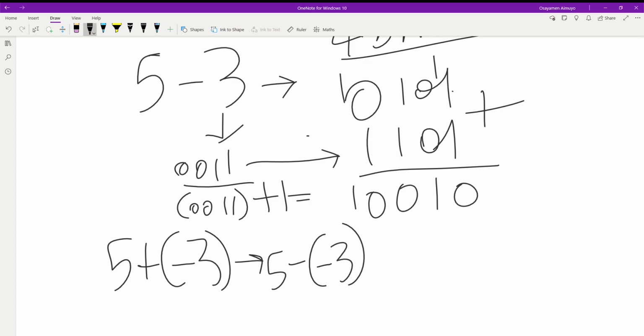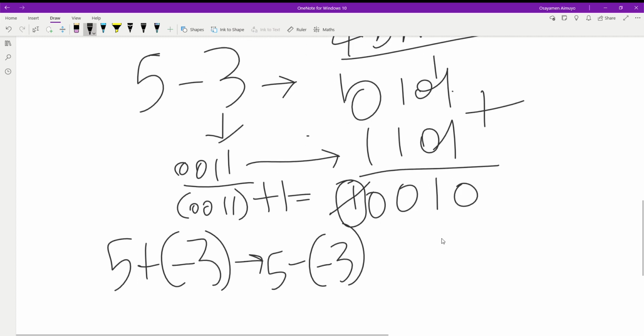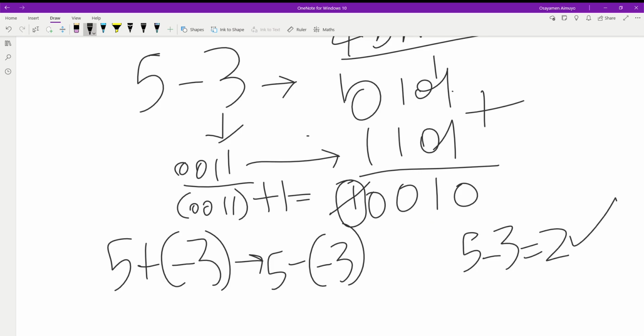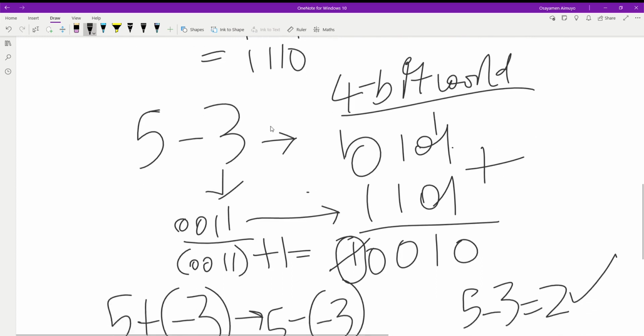But now notice that we have 5 bits. You might ask, is that an overflow? No, it is not. You disregard this carry, and lo and behold, we have 2 as our answer. 5 minus 3 equals 2. That's the method. That's 2's complement.